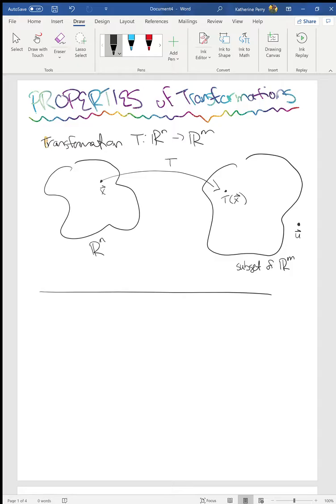The first property is what's known as one-to-one.